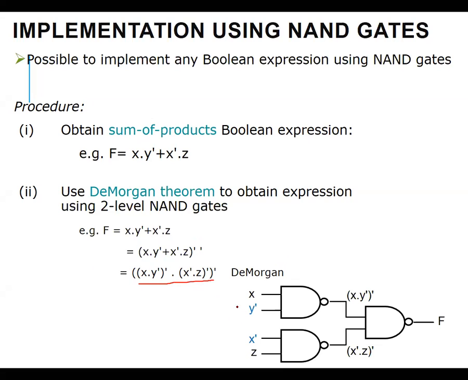Actually two NAND gates if you consider. So x y dash NAND of that, and x dash z is NAND of that. Okay. When you input both of these to a single NAND gate, you will get the complement of that both product.